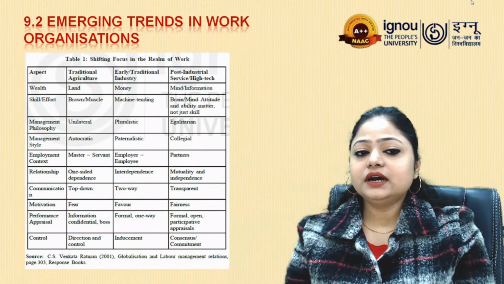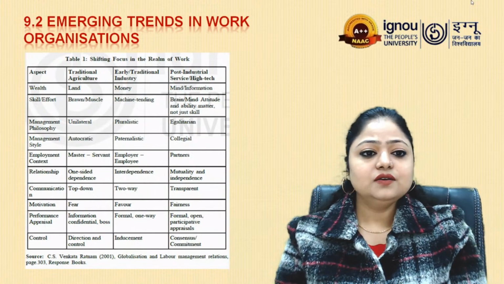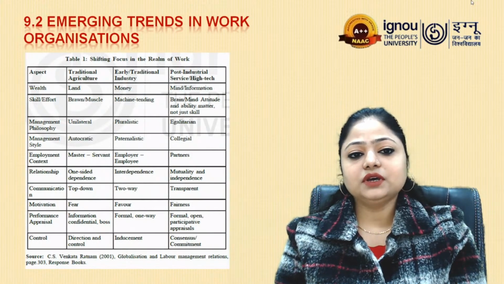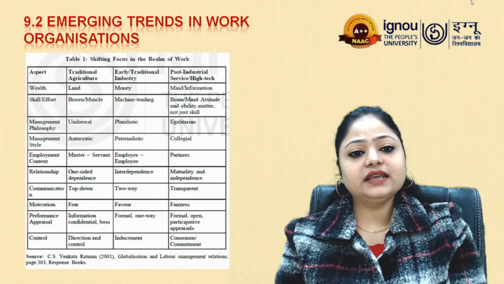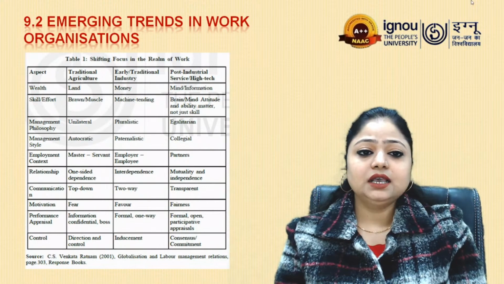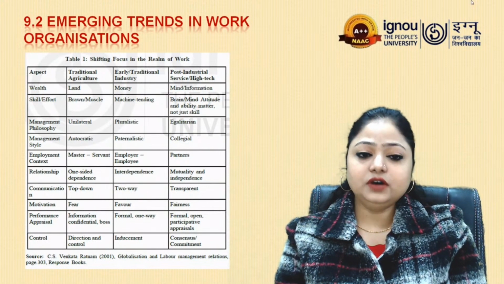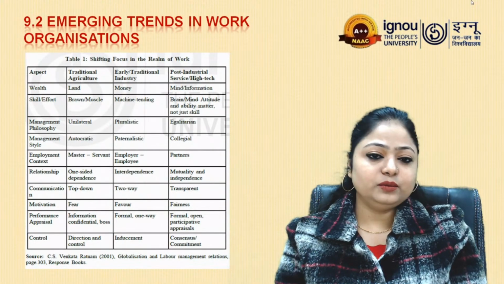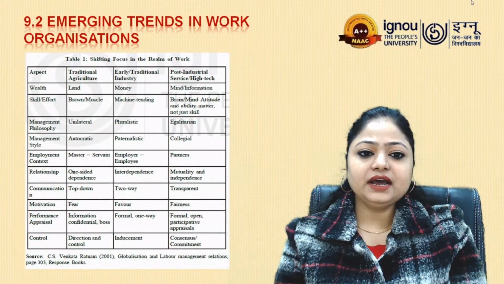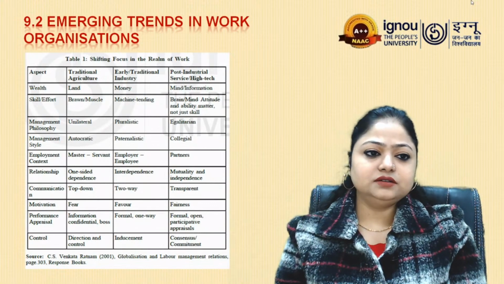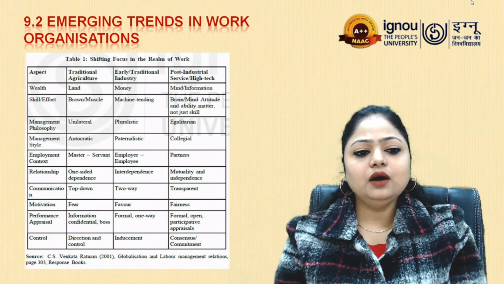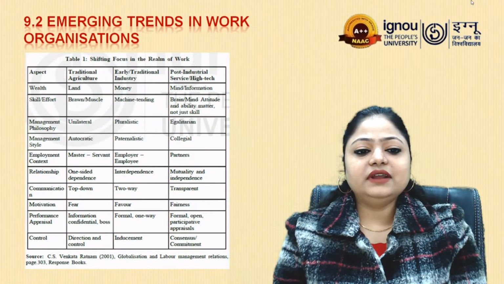The early industrialization era was revolving around money or wealth, and then in the post-industrialization service high-tech era realm of work, we see mind and information are the most important aspects. Okay, so this is the specific table through which we can see how this emerging trend can be observed and understood.